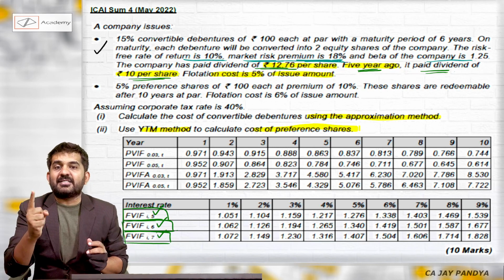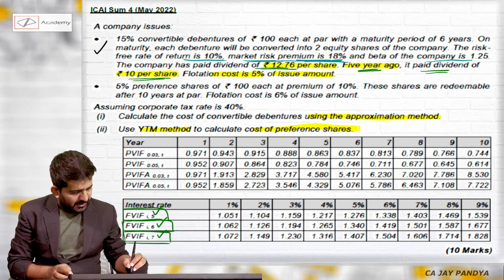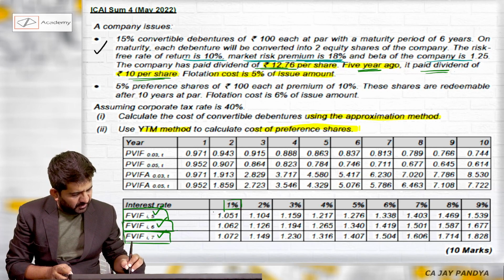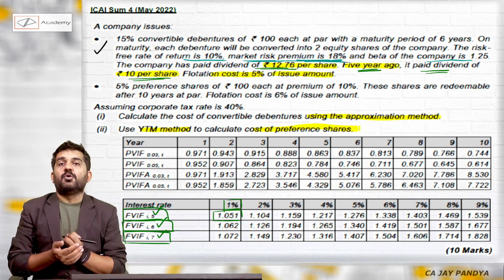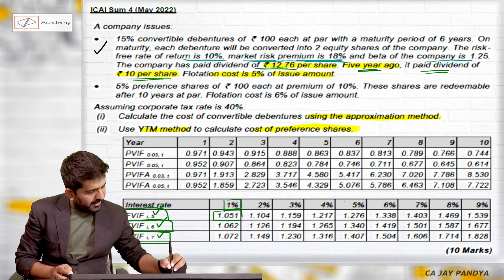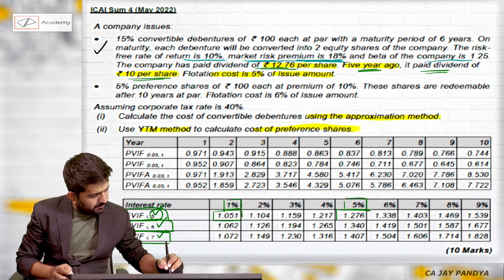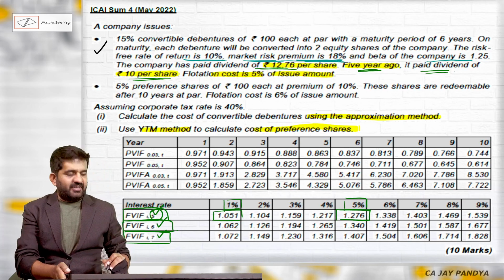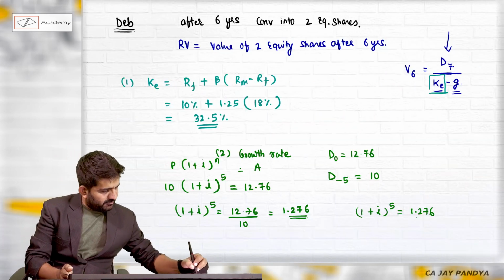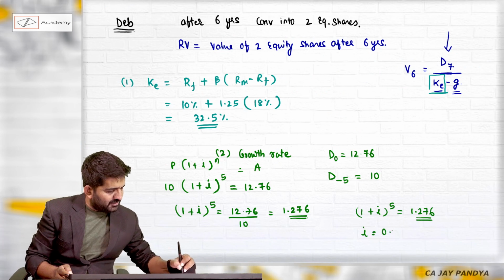I am interested in 5 years. 1 rupee at 1% after 5 years will become 1.051. 1 rupee at 5% for 5 years will become 1.276. What was our answer? 1.276. What does it mean? I is 0.05. That is nothing but growth rate is 5%.